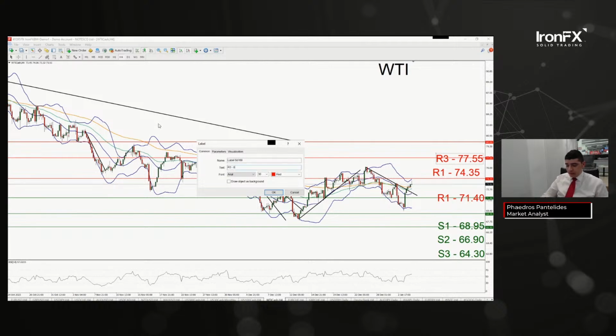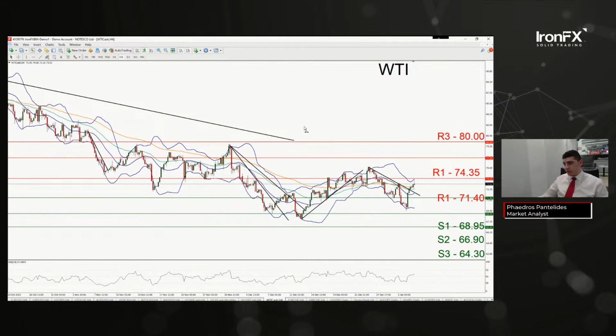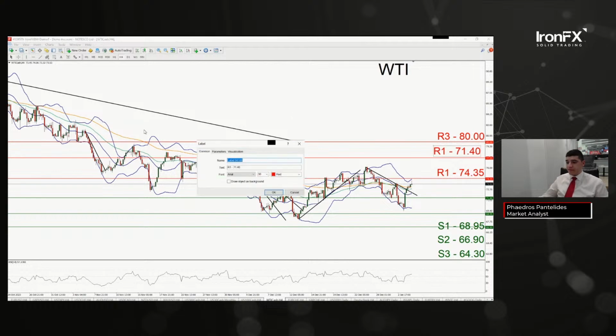Since we're looking at this from a more longer term perspective, we're on the 4-hour time frame, as well as on the 15-minute or 30-minute. So we have R1, and 77.55 for R2.